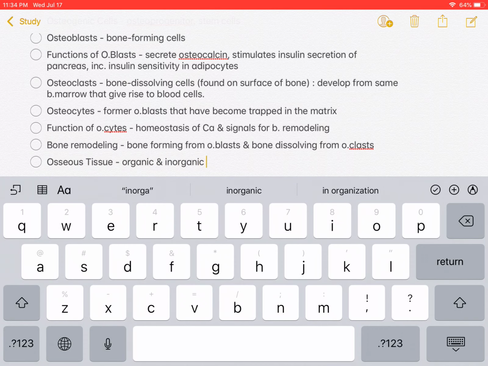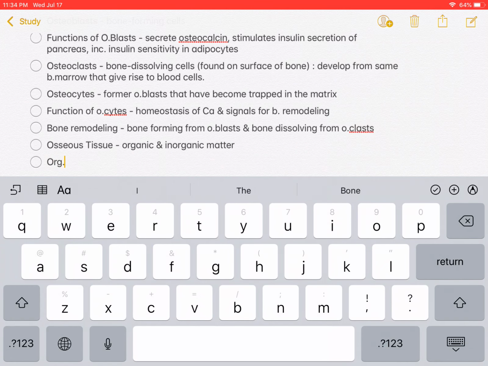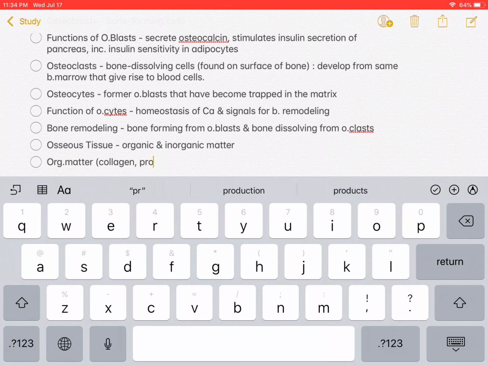inorganic matter. And down here I'm going to put that the organic matter, in parentheses, we have collagen and protein complexes.